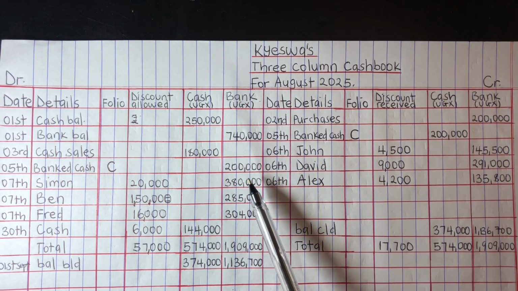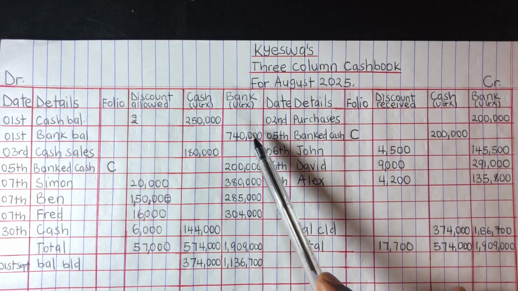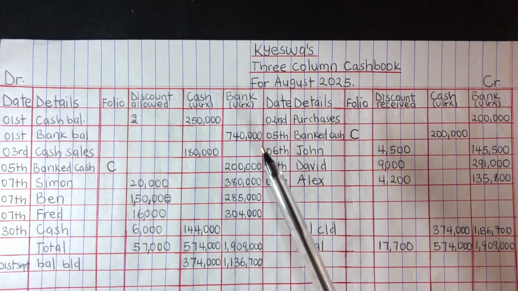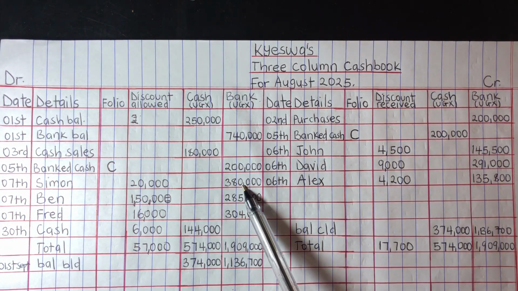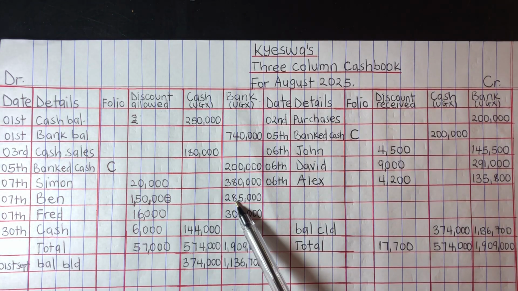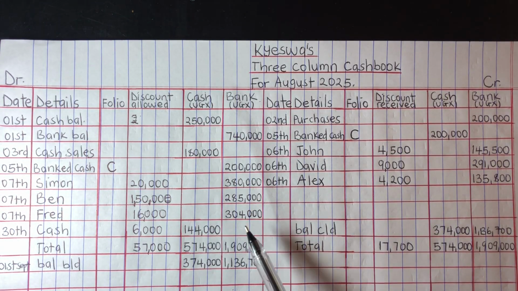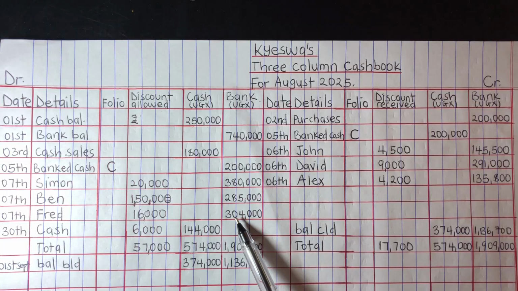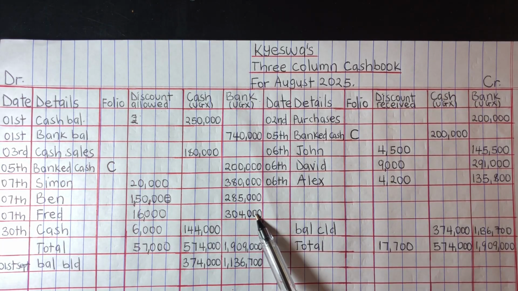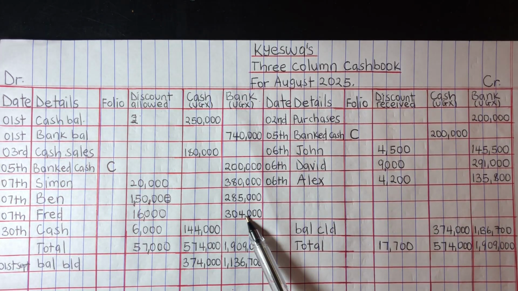So we go to the bank column. On the debit side we had 740,000, 200,000, 380,000, 285,000, then 304,000. So we add these and get the total, which is 1,909,000.